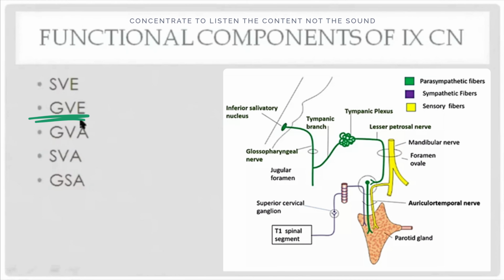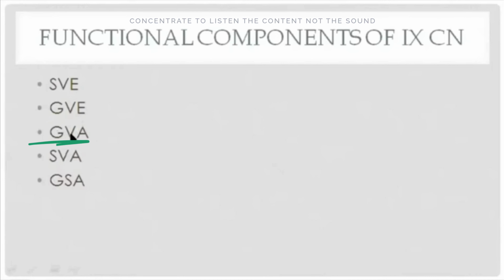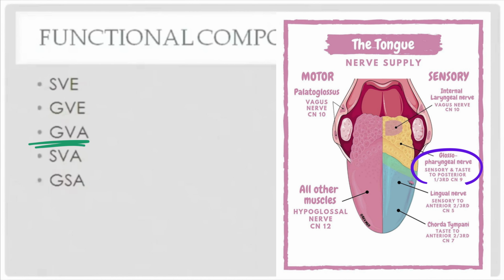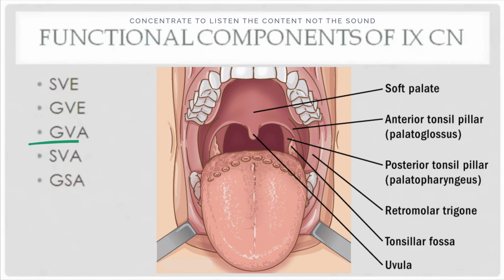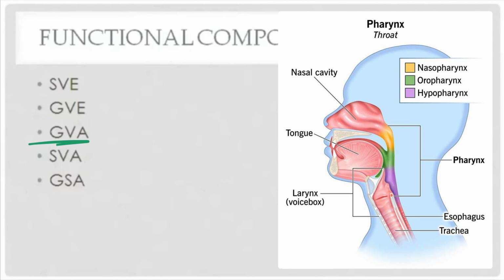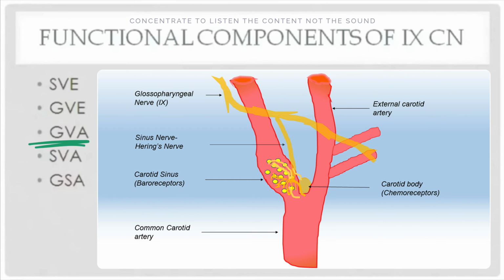Then among the afferents, general visceral afferent, right? General sensations. From where will it bring the general sensations? Remember, deep down in the gullet or in the throat, you have the posterior one third of the tongue. General sensations I'm talking, tonsils, tonsillar pillars, palatoglossal pillars. Then you have the soft palate and the posterior surface of the pharynx. So the general sensations from all this portion, as well as from the carotid body, carotid sinus.